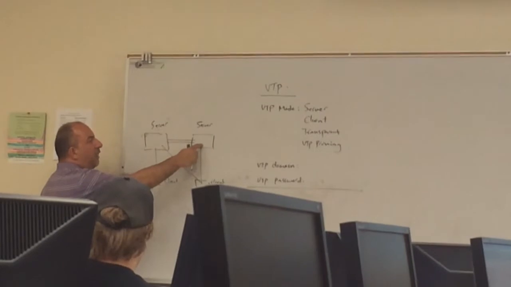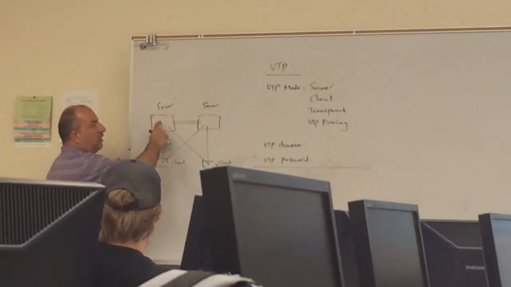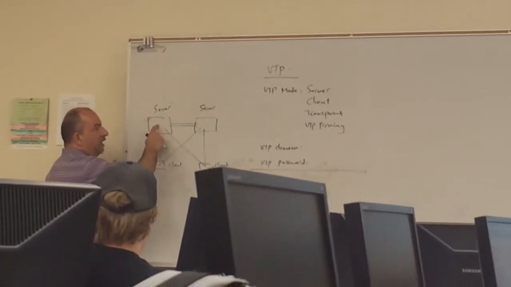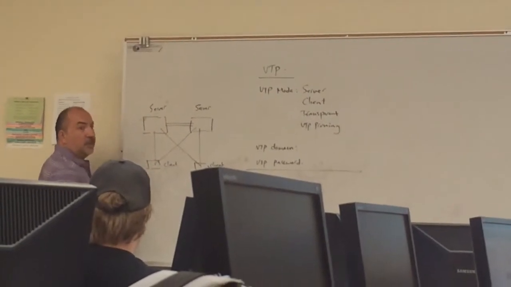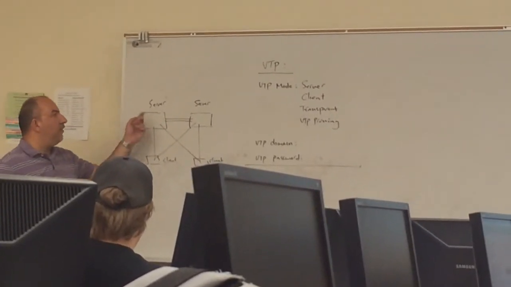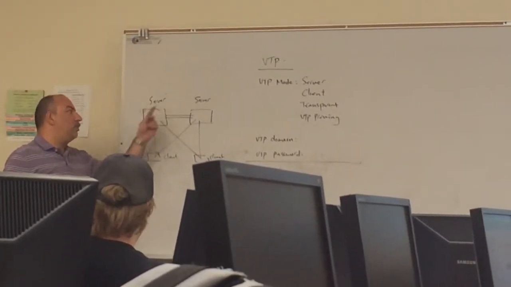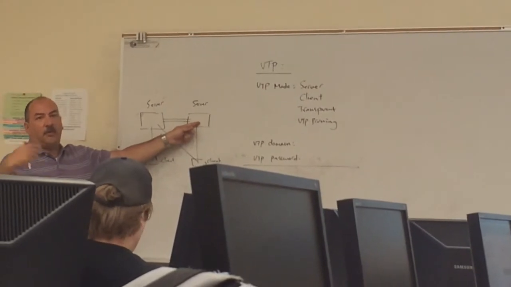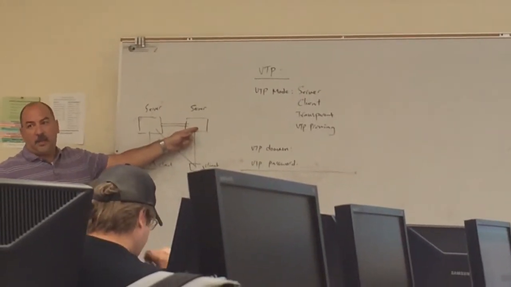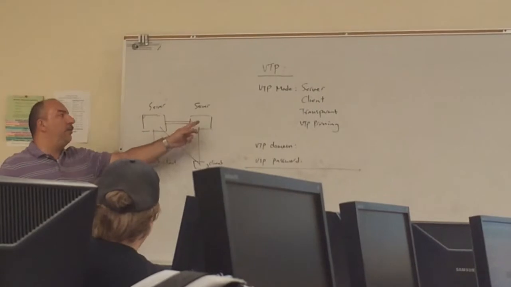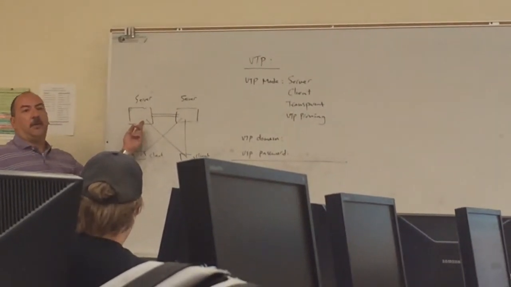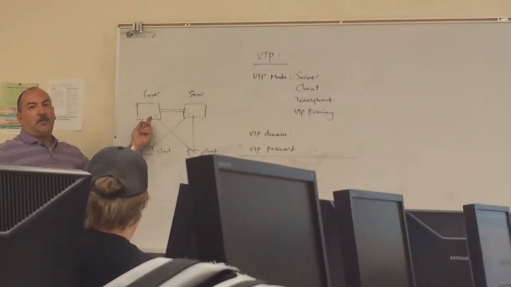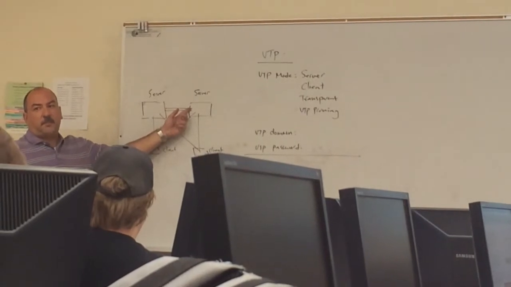And if any changes happen on one, this will be updated, and then of course updated here. Basically, what it means, if both of them are server, I can go to this switch or this switch and add or remove a VLAN. I can do it from here, or I can do it from here, all right? That's why they're both servers.